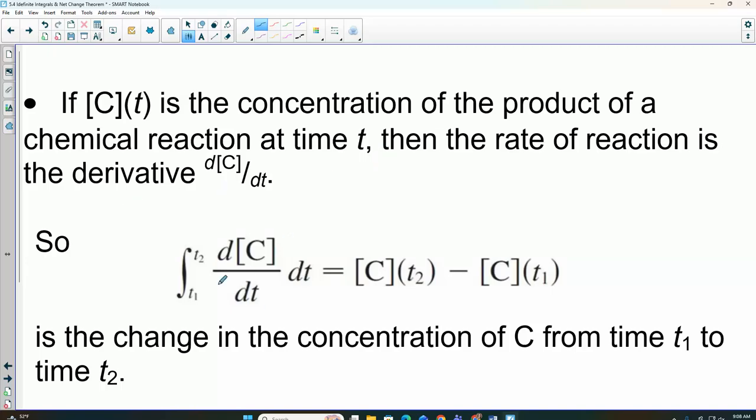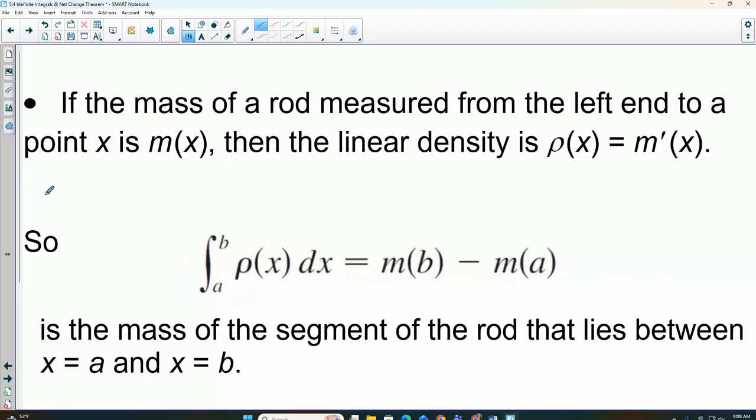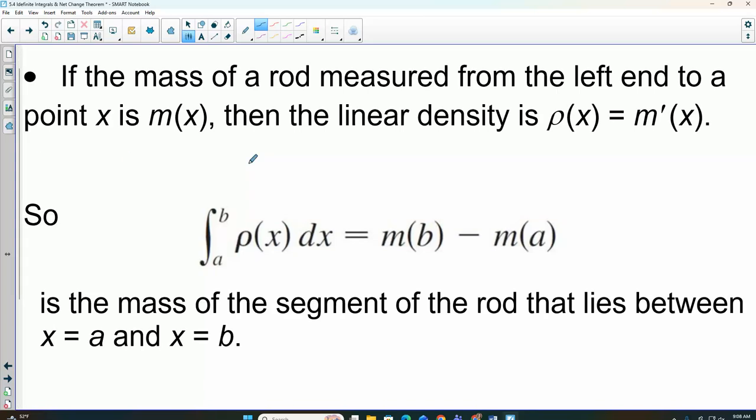So if you know the rate of change in your reaction, when you integrate it, you get the overall change in the concentration. If you have the mass of a rod measured from end to end, linear density is the derivative of that. So if we know the linear density and we go backwards, we integrate it, we get the mass between those 2 points.